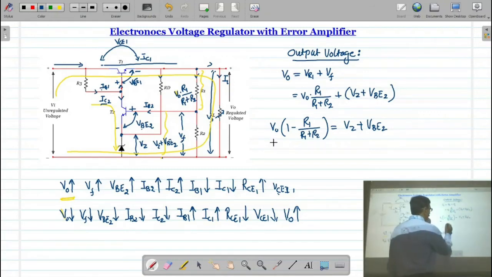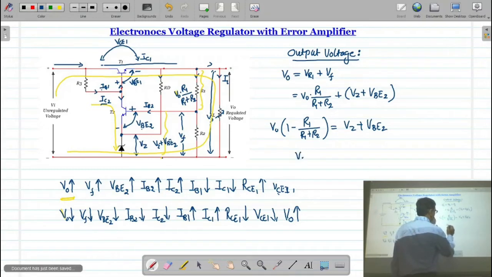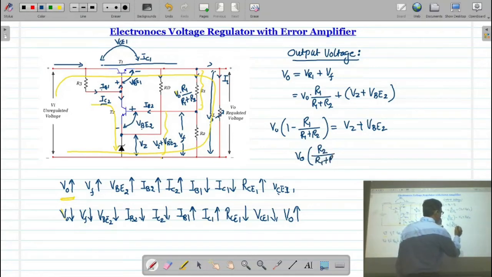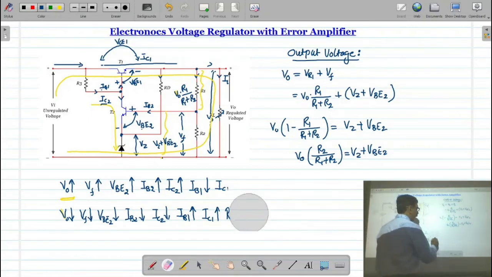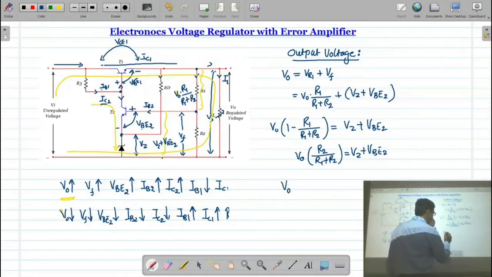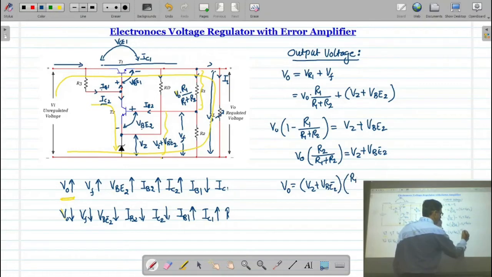And again if you simplify, then this is VO into R1 plus R2 minus R1. So this will be R2 divided by R1 plus R2, equal to Vz plus VBE2. And therefore the output voltage is equal to Vz plus VBE2 into bracket R1 plus R2 divided by R2.